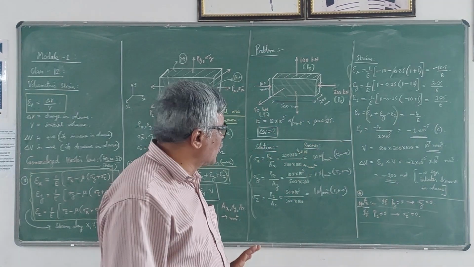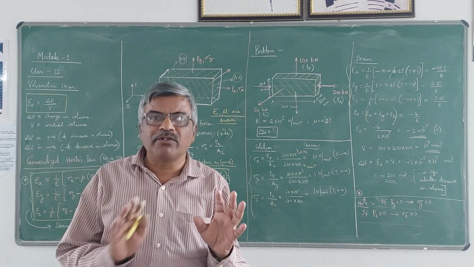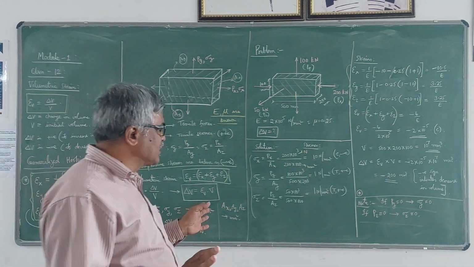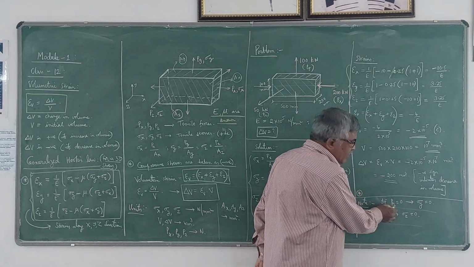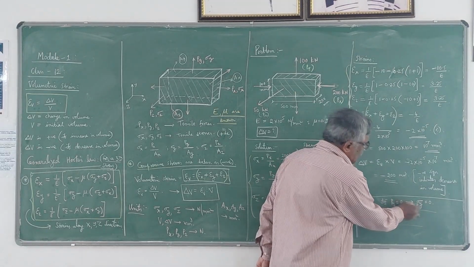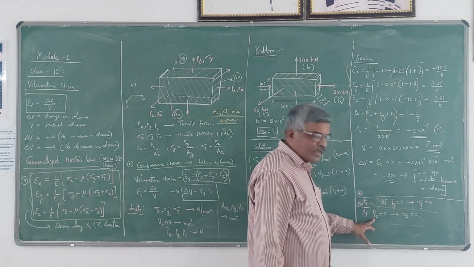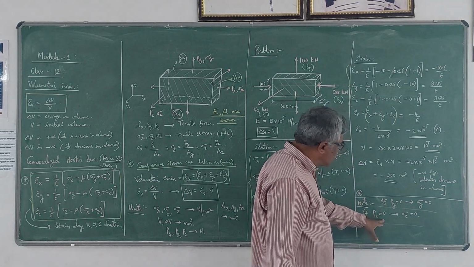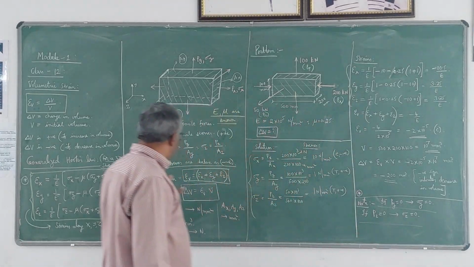That is the meaning. So now this is a three-dimensional stress system where I have given forces and stresses in all the three directions. Suppose in case if they don't give any force in y direction, then Py will be 0. Corresponding sigma y will be 0. If they don't give any force in z direction, Pz will be 0 and corresponding sigma z will be 0. And the same formula we have to use.